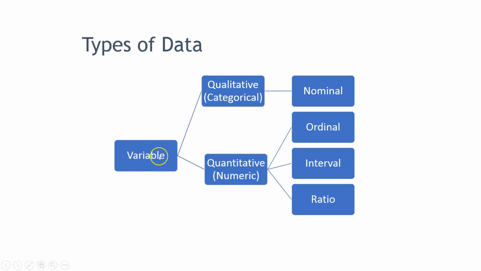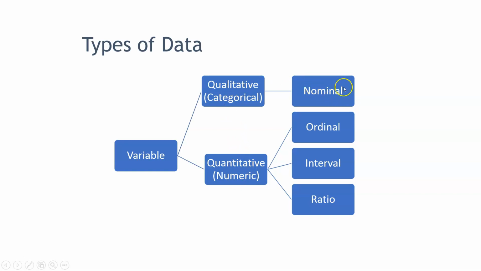So when we look at a variable, it could be qualitative or quantitative. Qualitative means categorical, so it's not numeric. Quantitative is numeric, the quantities versus qualities. All right, so if we've got quantitative data, that's numeric.